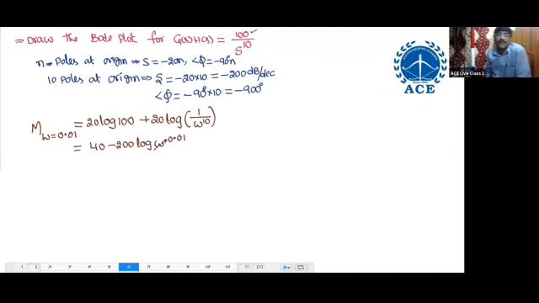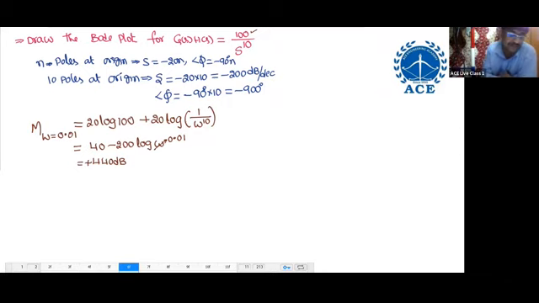Log 0.01 means what? 10 power minus 2. I think 440 you will get. What is the answer you got? Come on. 440 dB you will get. So you solve this. So this will be plus 440 dB. That's all.